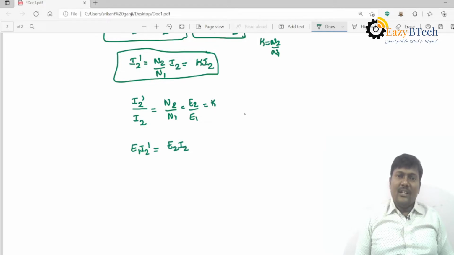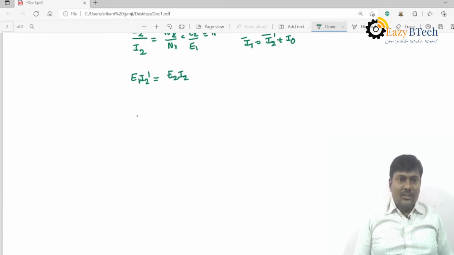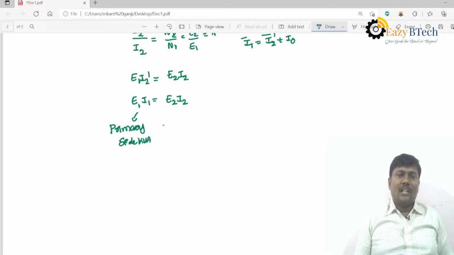So what is I1? I1 is the primary current. I1 bar is equal to I2 dash bar plus I naught. By neglecting the no load current, E1 I1 is equal to E2 I2. This is called the primary side kVA. So primary side kilovolt ampere is equal to secondary side kVA.